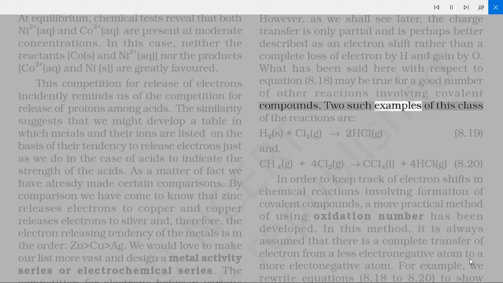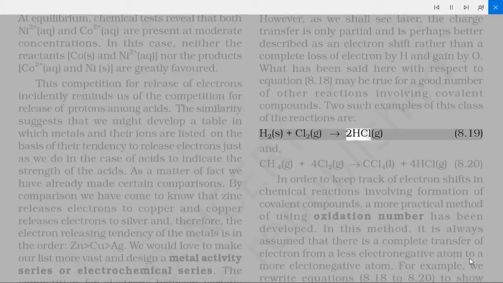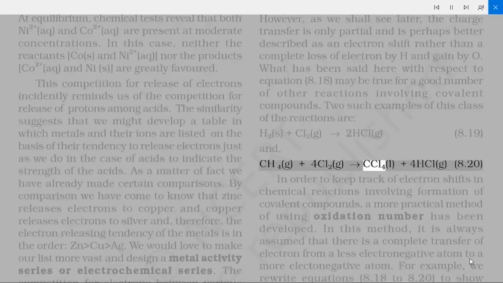Two such examples of this class of reactions are H2S(g) + Cl2(g) → 2HCl(g) + S(s) (8.19) and CH4(g) + 4Cl2(g) → CCl4(l) + 4HCl(g) (8.20).